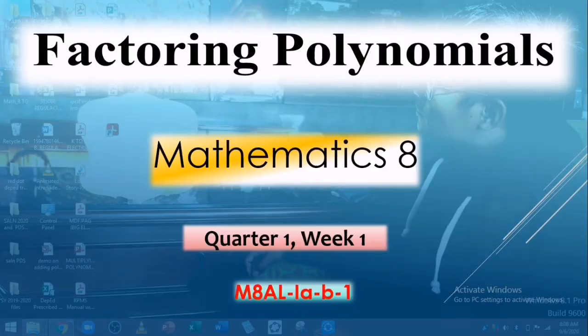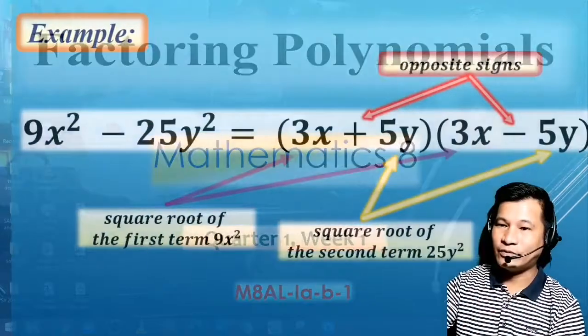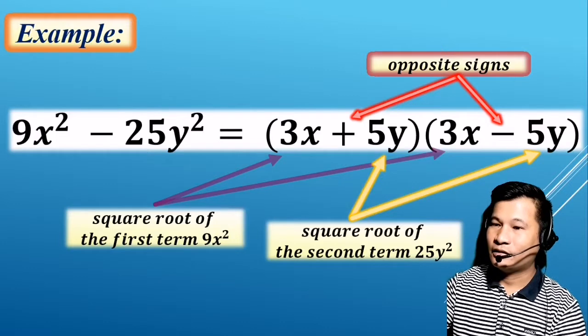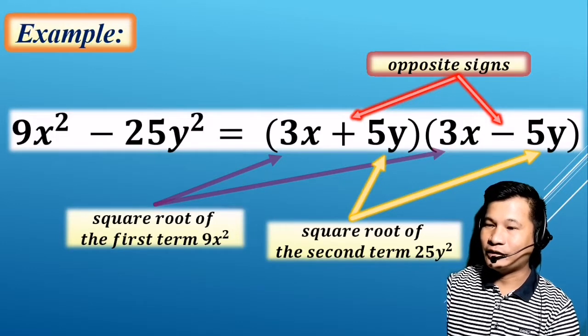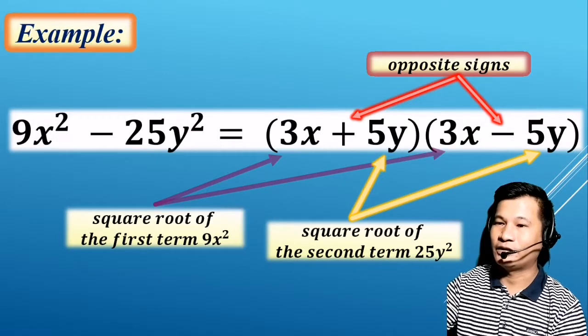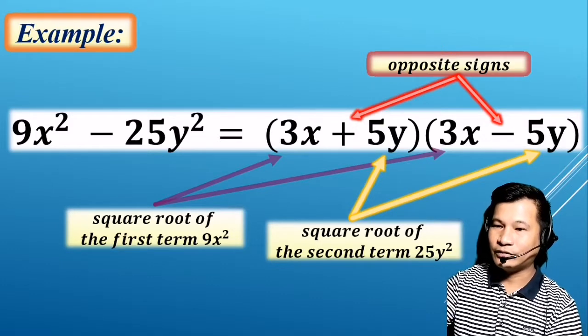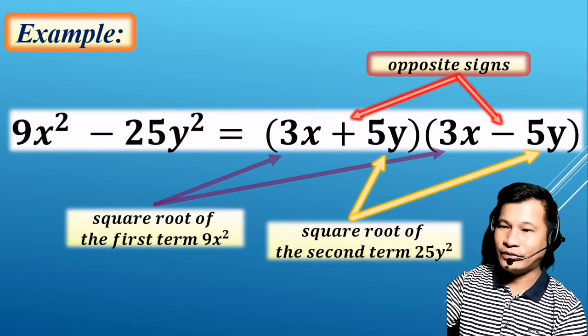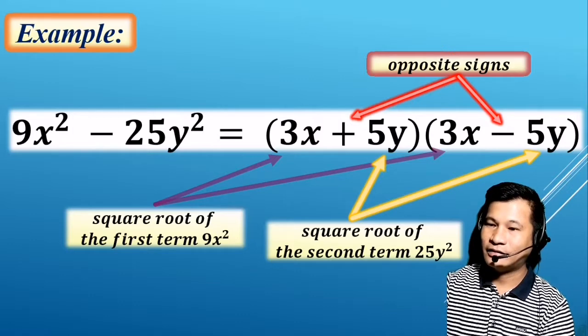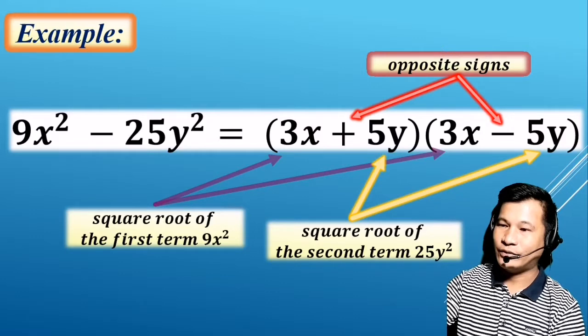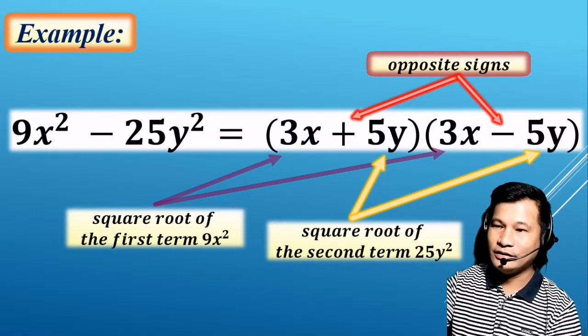For example, we have 9x squared minus 25y squared equals quantity 3x plus 5y times the quantity 3x minus 5y. So what to do? You get the square root of the first term, 9x squared, that is 3x. And then get the square root of the second term, 25y squared, that is 5y.